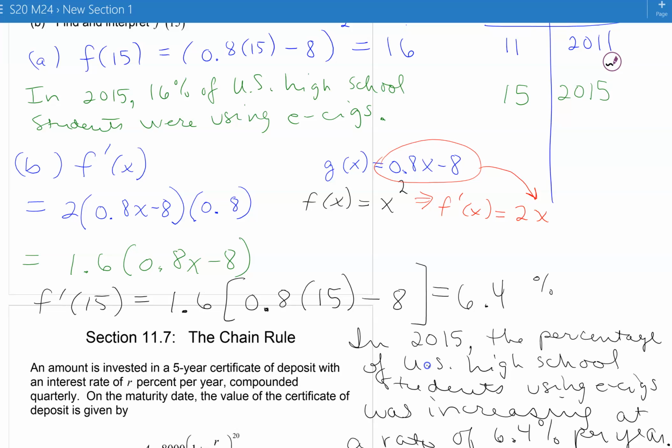So remember that the units of derivative are units of y, percent, per units of x, years. So please study that sentence and make sure that you can reproduce it in the context of any given problem.